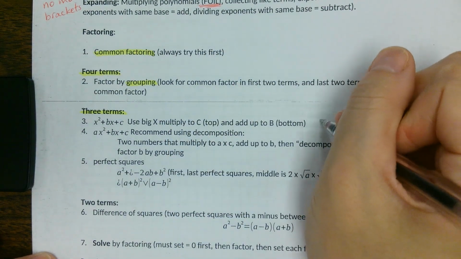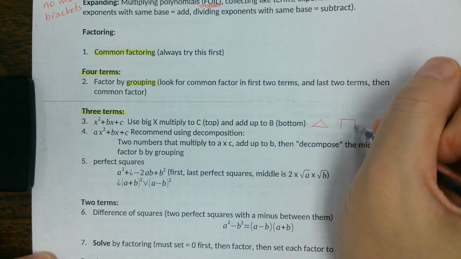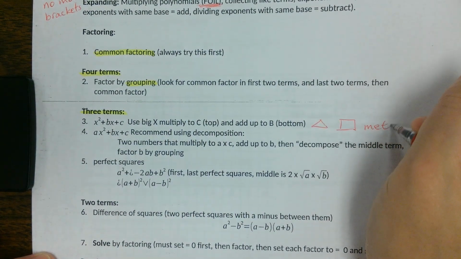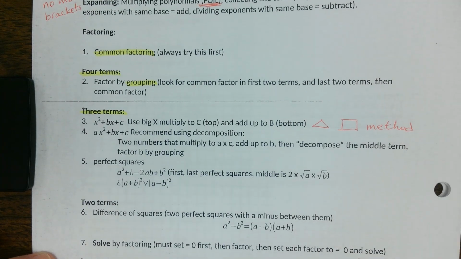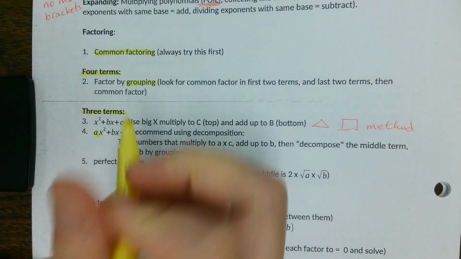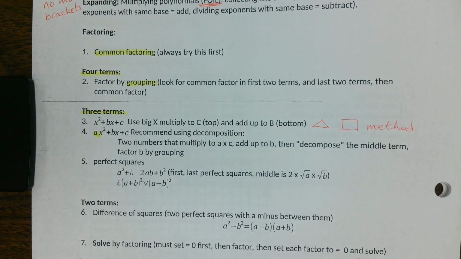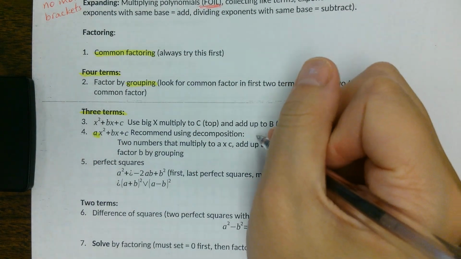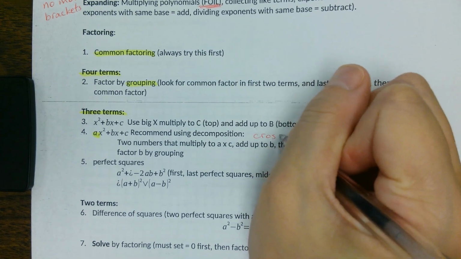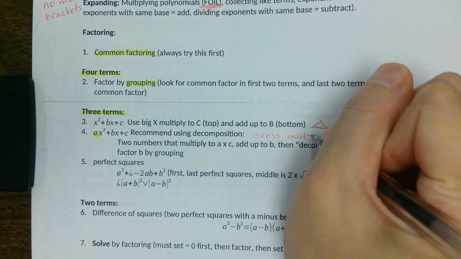This is the triangle and square method: 2 numbers that add to the B and multiply to C. And if it's a trinomial, but there's a value in the front, then we can do the cross multiply method.